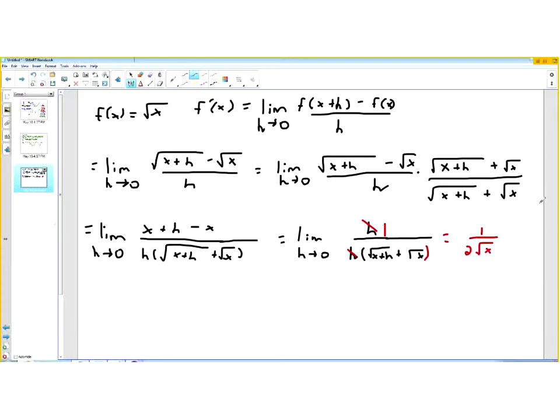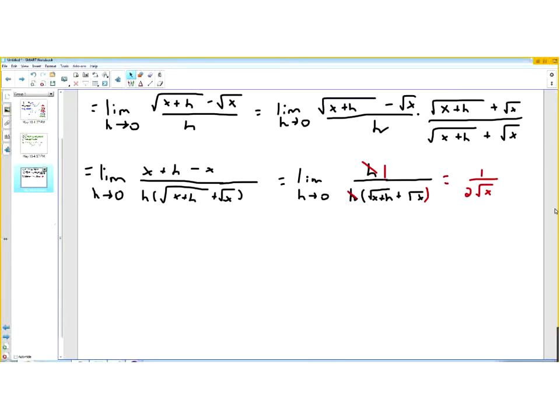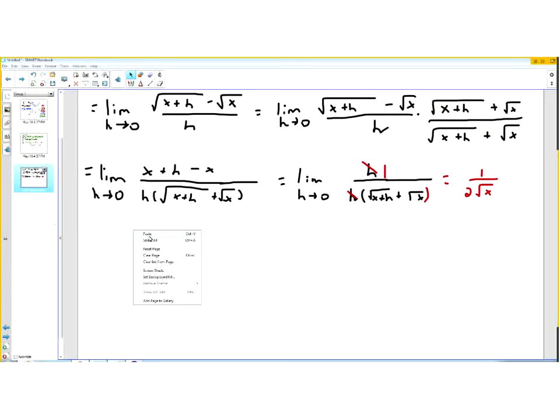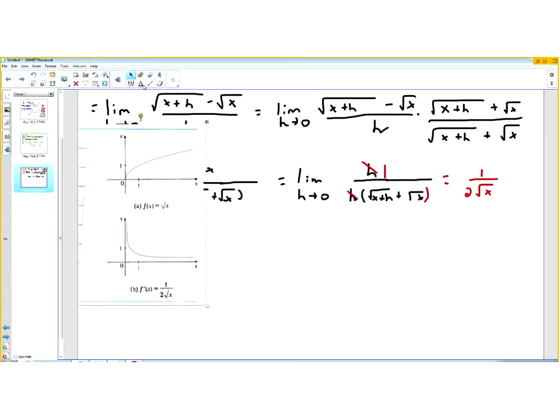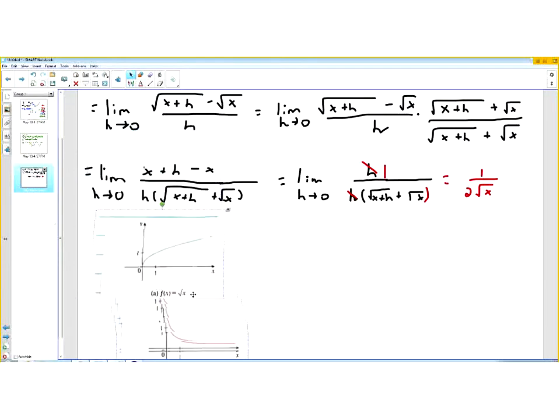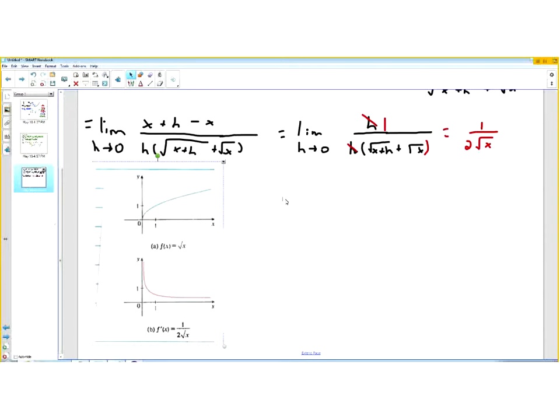And I believe I can show you a picture of this. So let me grab it from the text. Okay, and so let's analyze these graphs.